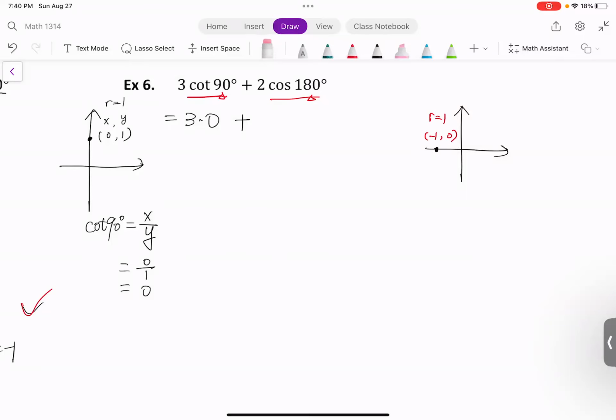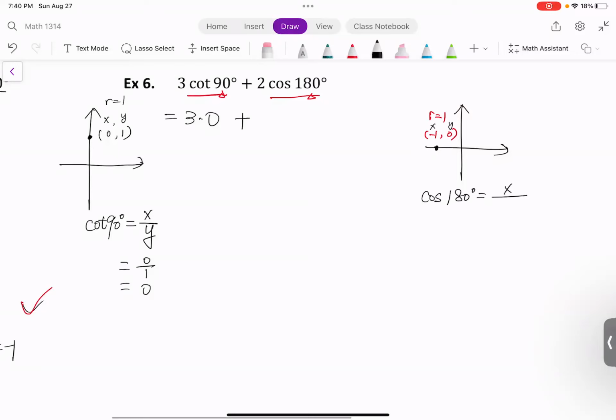So I'm looking for cosine 180 degrees. What is the expression of cosine? That is x over r. X equals -1, r is 1. Cosine 180 is -1. All right, 2 times -1. So 3 times 0 is 0, plus 2 times -1, -2. So this is a solution, -2.